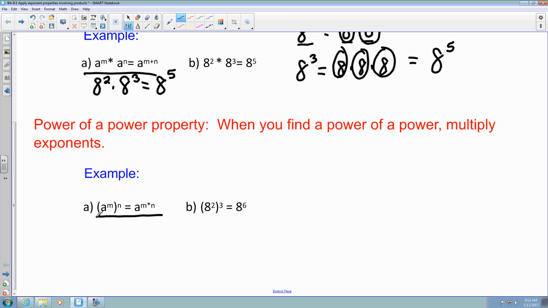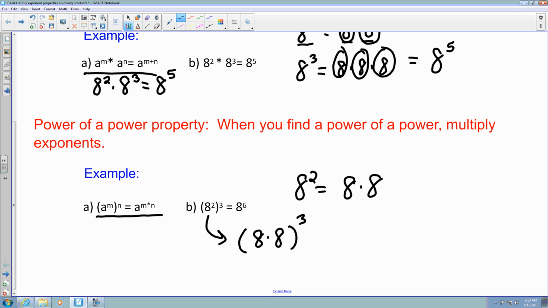Remembering from before, a squared equals a times a. So we can rewrite the problem inside here as, in parentheses, a times a, all to the third power.